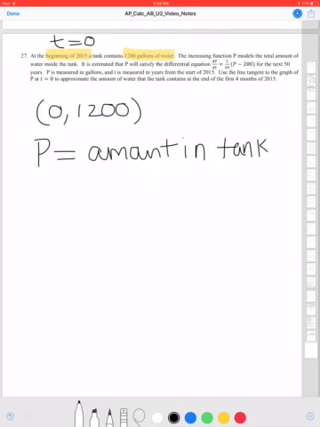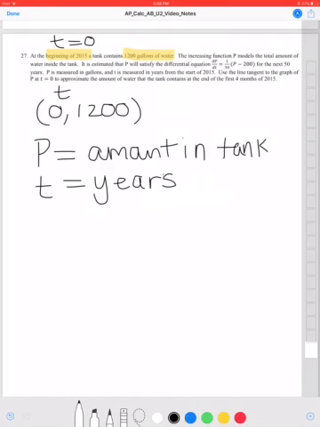And T stands for, oh, T is measured in years, thank goodness. It's very important. And T is in years. This is my T, this is my P.